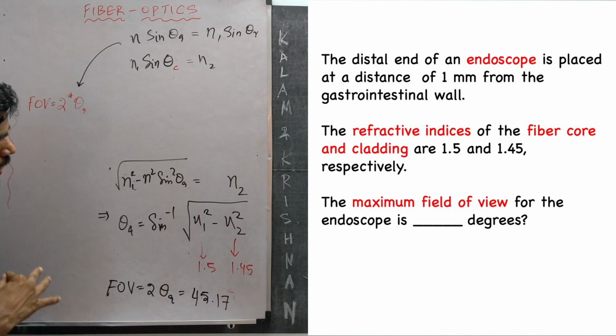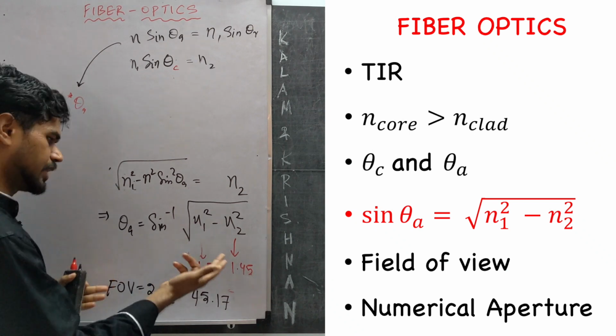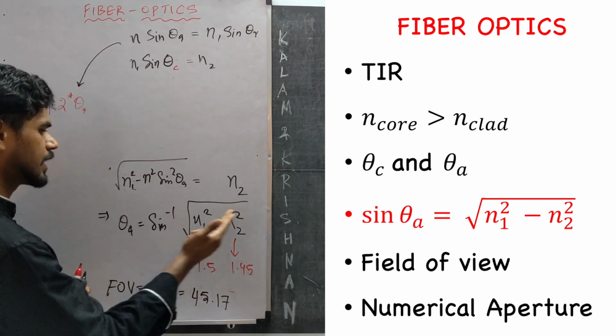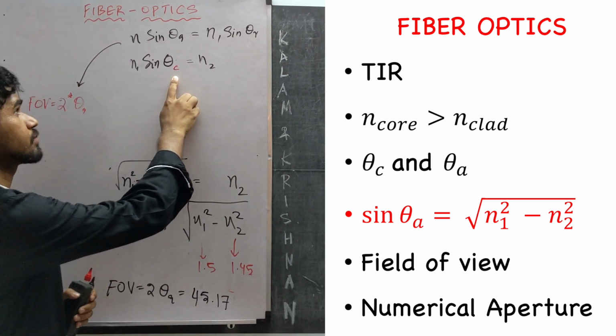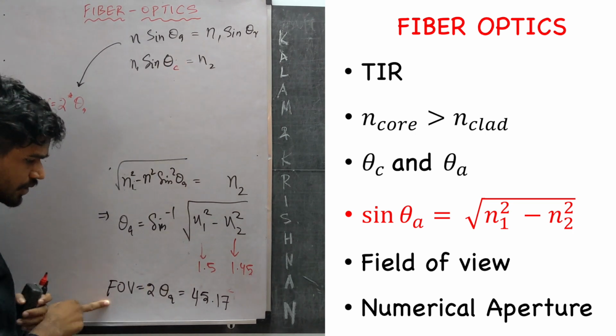At this stage, notice we learned a lot of things. N1 is the refractive index of the core, N2 is the refractive index of the cladding. N1 is higher than N2. Then we learned about the critical angle theta C. Then we learned about the acceptance angle. Then we learned about the field of view.